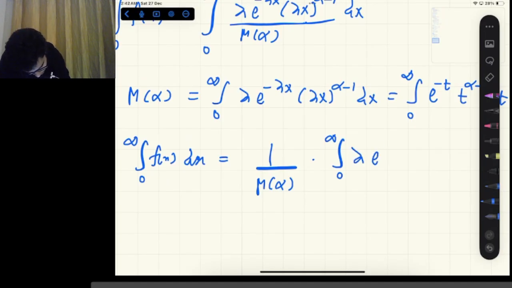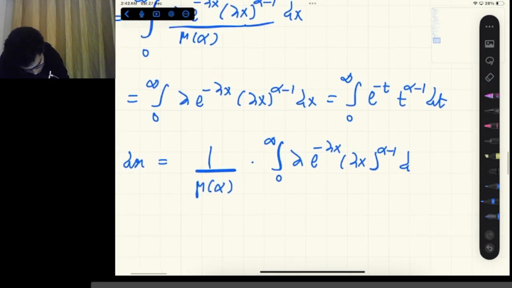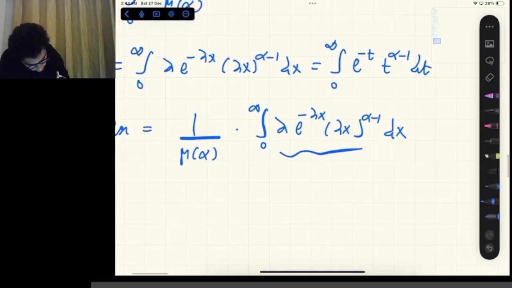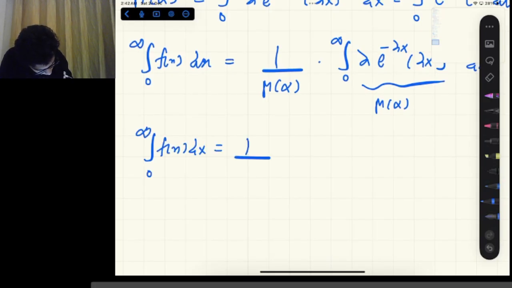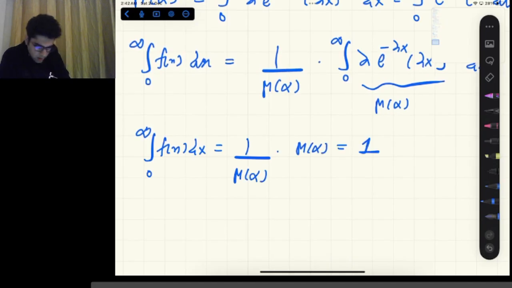So we have the integral of lambda e to the power minus lambda x, lambda x to the power alpha minus 1 dx. Now this is also equal to gamma alpha. So finally, the integral from 0 to infinity f(x) dx gives me 1 upon gamma alpha into gamma alpha, which gives me 1. And we have proven that the value we get after integrating the PDF over the limits for which the function is defined is equal to 1, and it should always be equal to 1.